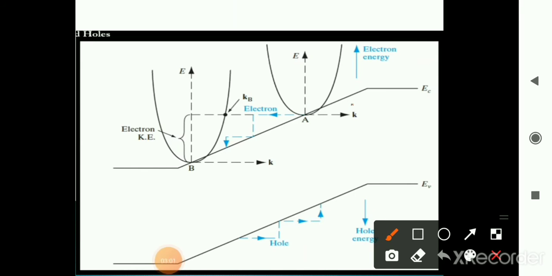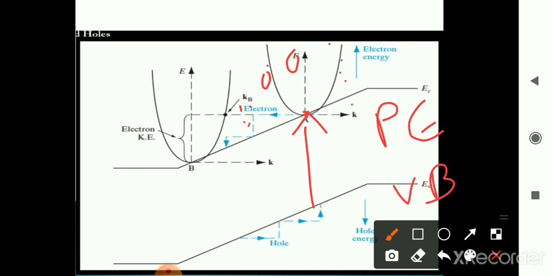Once an electron moves from the valence band to the conduction band, it has many vacant states everywhere. Vacant states are available so that the electron can go and occupy a particular state. Once this electron moves from the valence band to the conduction band, it has potential energy.